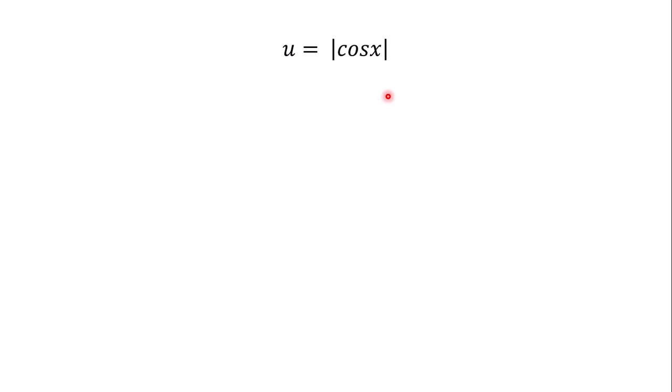The first one we had minus sine x, and the second one we have cos x over absolute value of cos x. Then we multiply these two together. So it's going to be minus sine x times cos x over absolute value of cos x. And whatever we get will be the answer to the derivative of the absolute value of cos x.